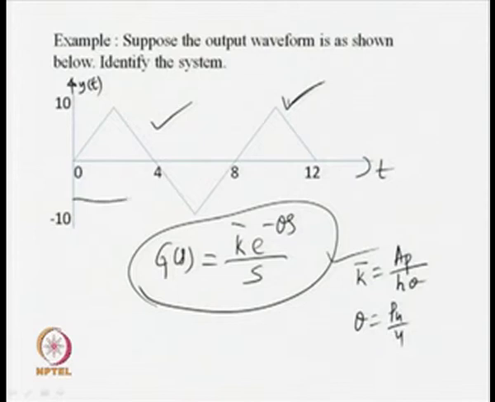The period is now 8 time units. This is the ultimate period. Therefore, the time delay will be 2 time units, or 2 seconds suppose.